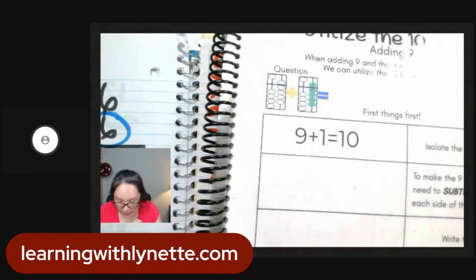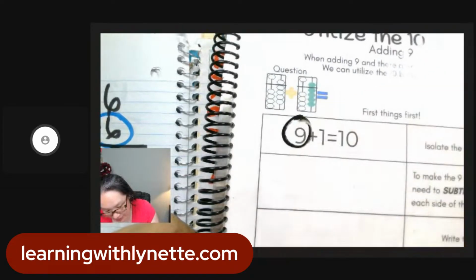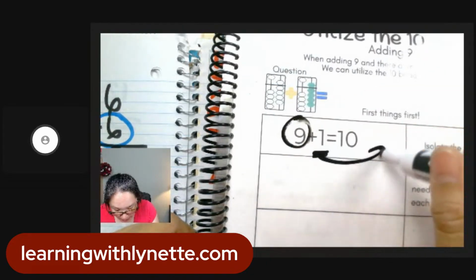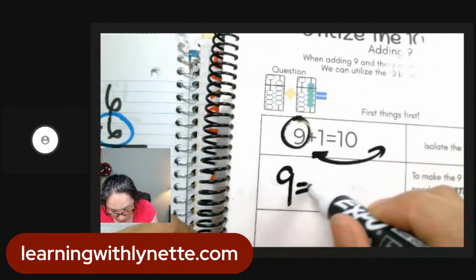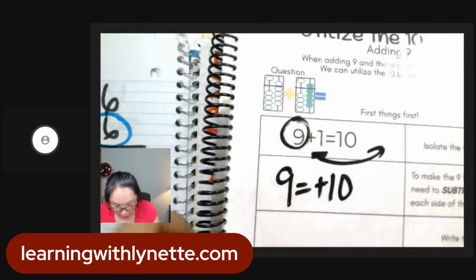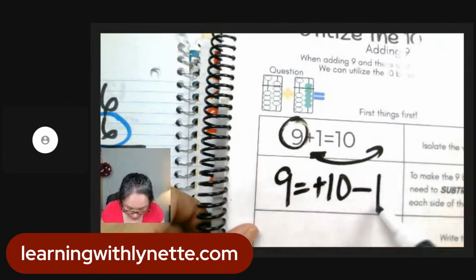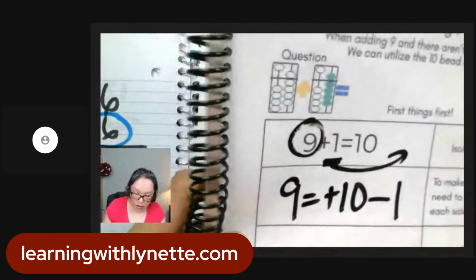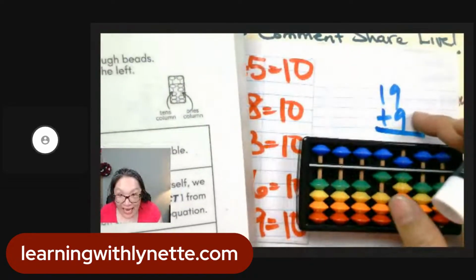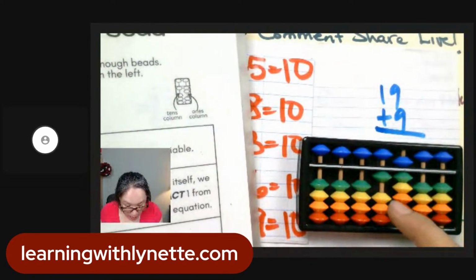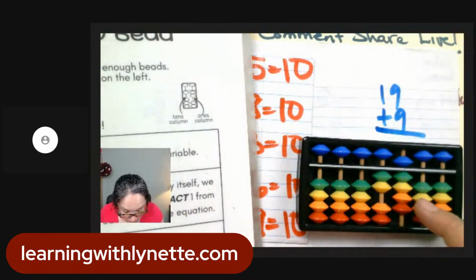When I isolate my 9, I'm going to move this to the other side. So if I did 9 is equal to 10, that is no longer balanced. I need to minus the 1. So when I want to add this 9, I'm going to substitute plus the 10 minus the 1.